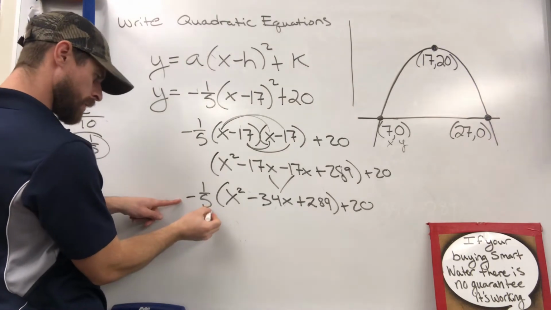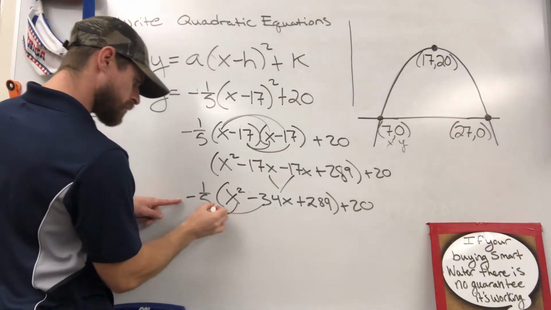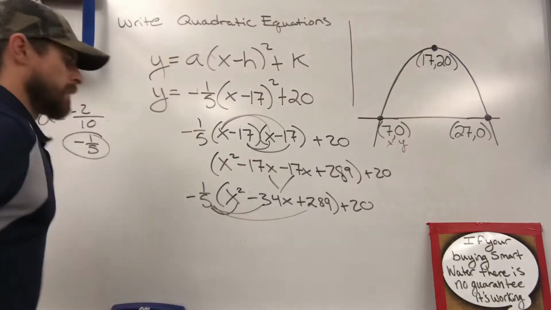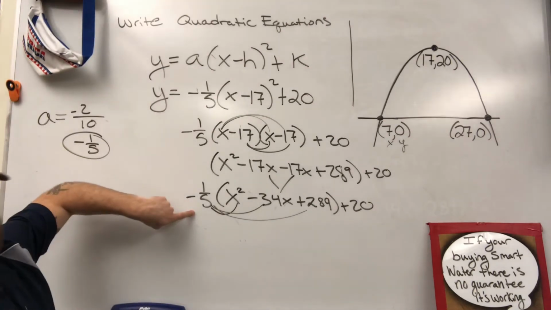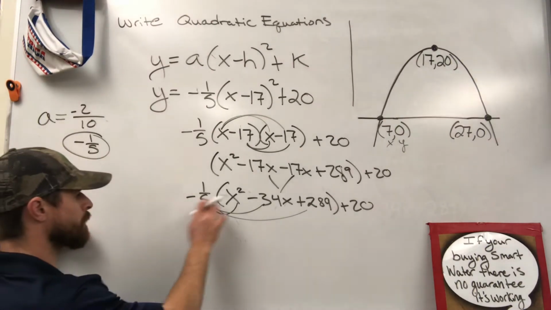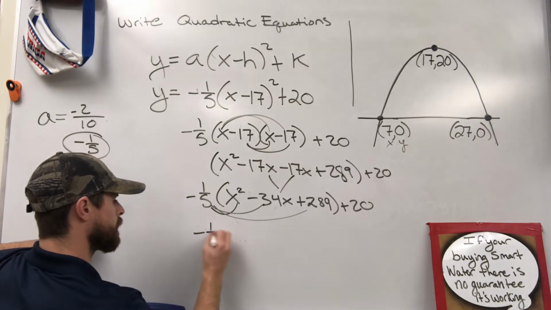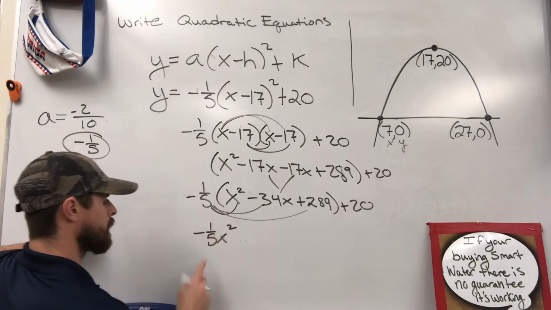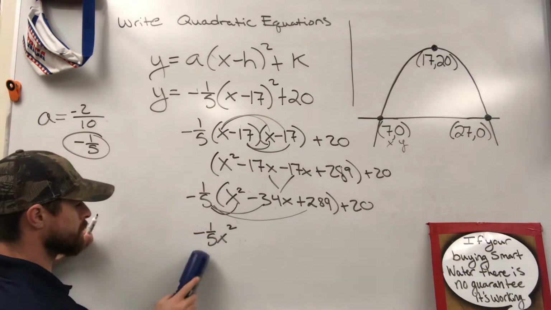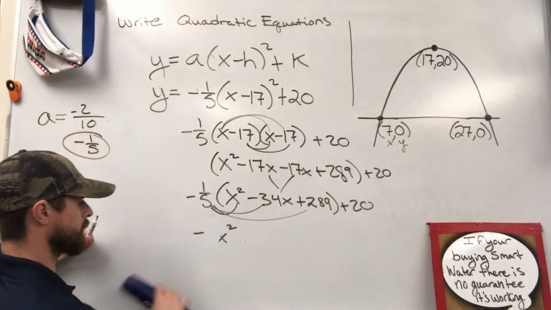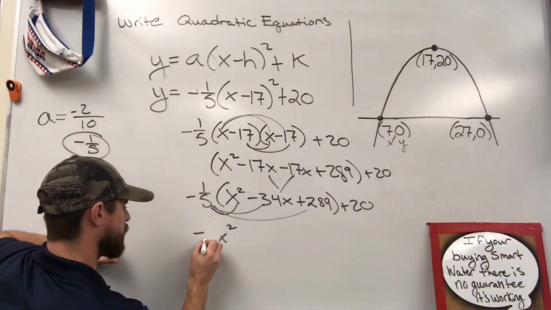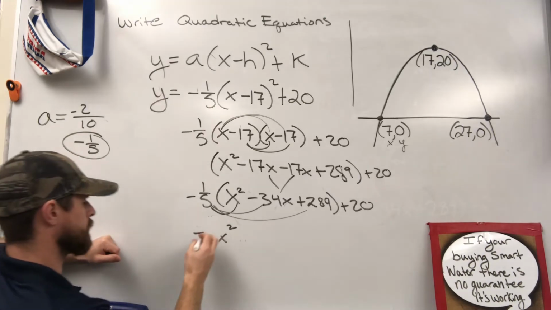So here we go. Distribute, distribute, distribute. I'm going to go from fractions into decimals here. It'll probably be a little bit easier. Negative 1/5 times x squared is negative 1/5 x squared. I can now convert that into a decimal, which is negative 0.2.